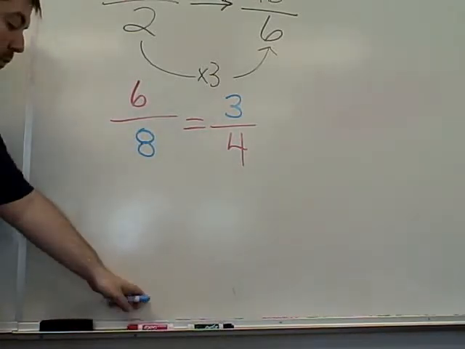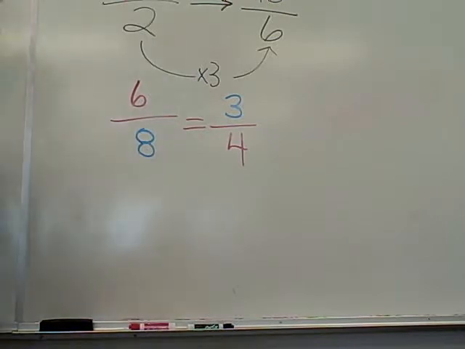So 6 over 8, the 6 and the 8 should be different colors. And then equals 3 over 4, the 3 and 4 should be different colors. And the 8 and the 3 should match, and the 6 and the 4 should match.